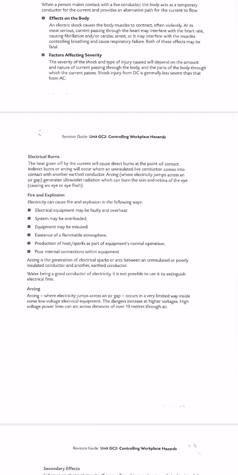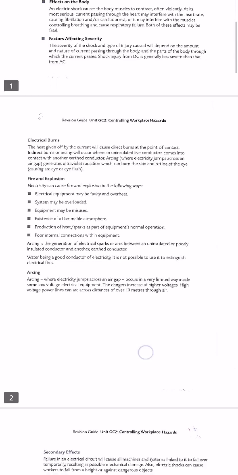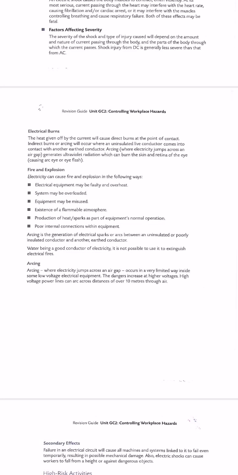equipment in normal operation. So electricity can cause fire and explosion in the following way, like production of heat or spark as a part of an equipment's normal operation. Then also poor internal connection within the equipment. Whenever there is a poor connection, right, it can also lead to explosion, right?